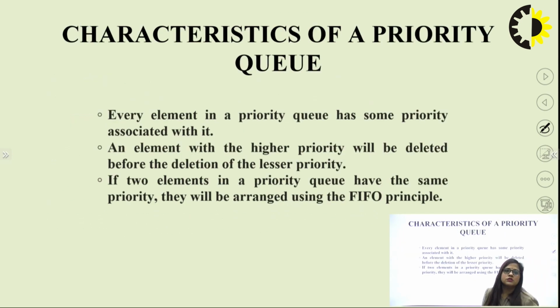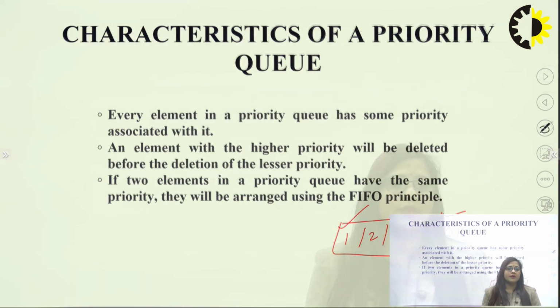Now some characteristics of a priority queue. First, all elements are associated with a priority. Second, an element with higher priority will be deleted before others. Let's suppose 1, 2, 3, 5, 8. According to these numbers, 1 has the highest priority and 8 has the lowest priority.